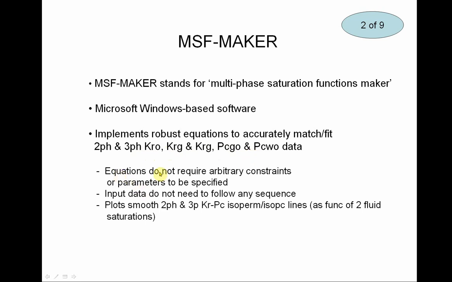The equations do not require arbitrary constraints or parameters to be specified. Input data do not need to follow any sequence, but the fitted saturation function will be smooth isoperm or isopc lines as a function of 2-phase saturation.